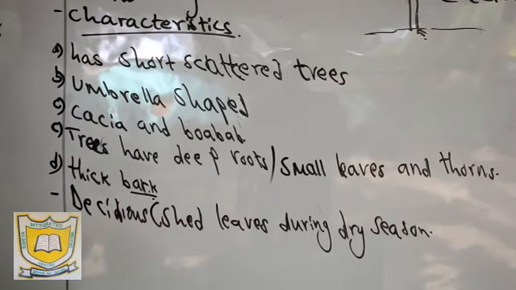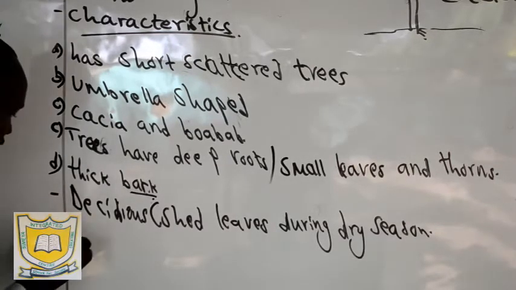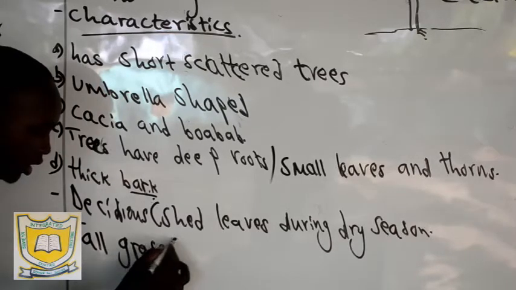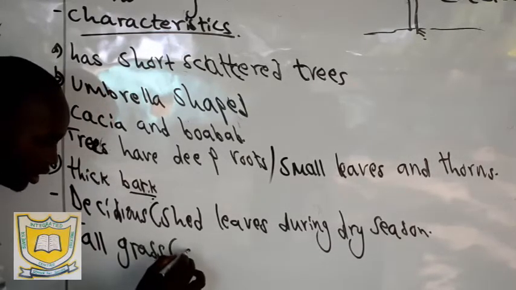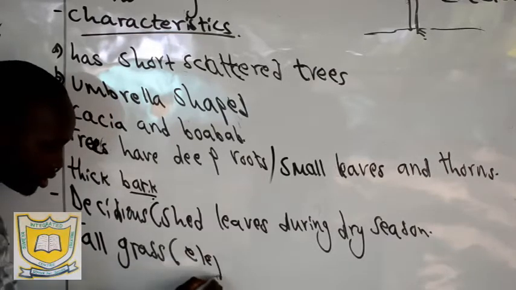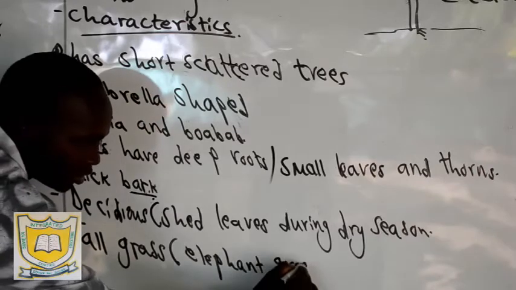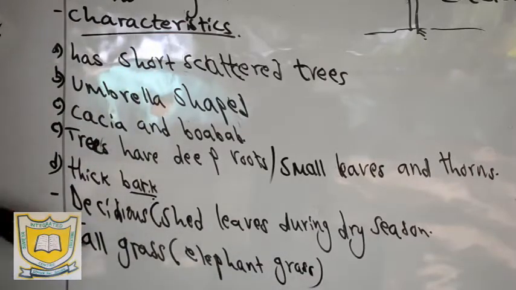Then we have also said we have tall grass called elephant grass. This one is found in the savanna grassland.